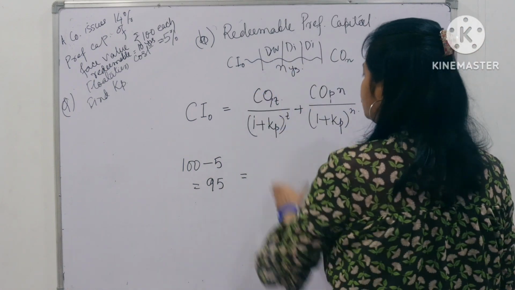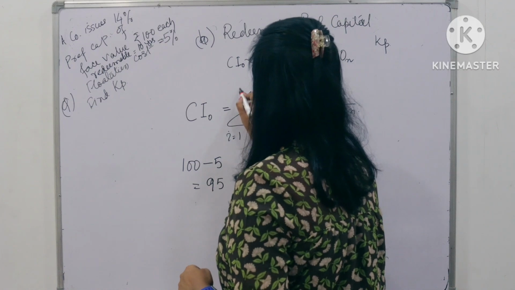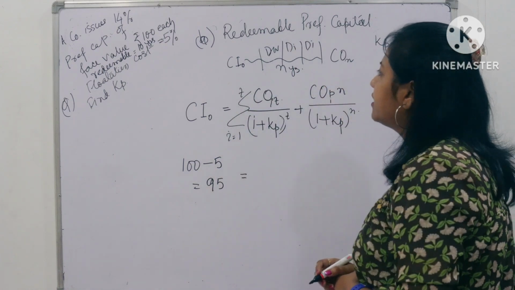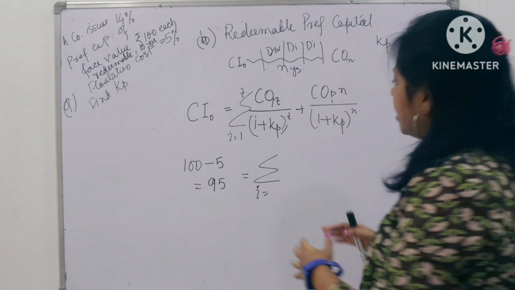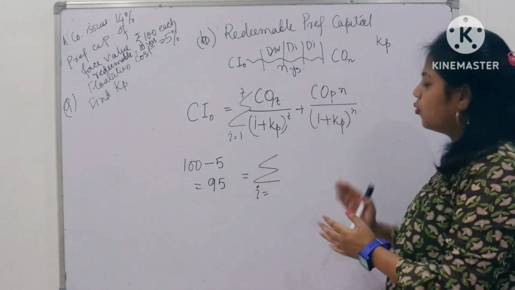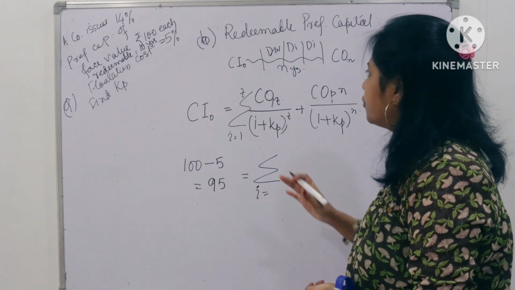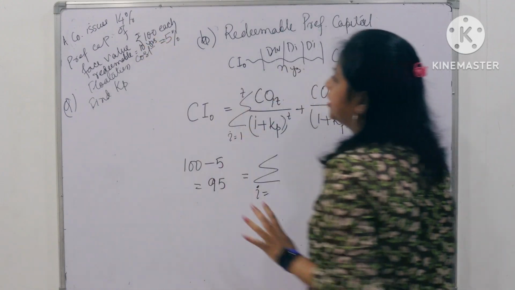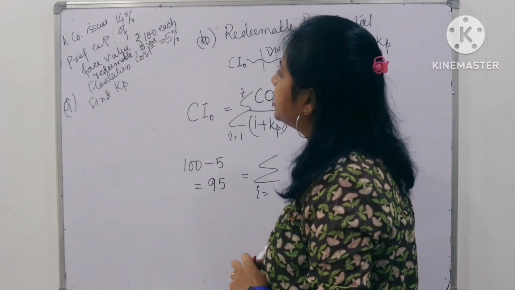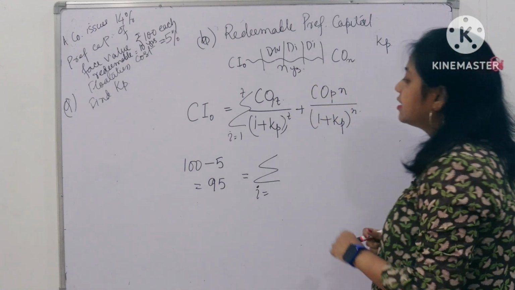Now what are our outflows? This is the sum of all the outflows, t equals 1 to n. Outflows are all the installments. A company issued preference capital of face value 100, so how much is the dividend?